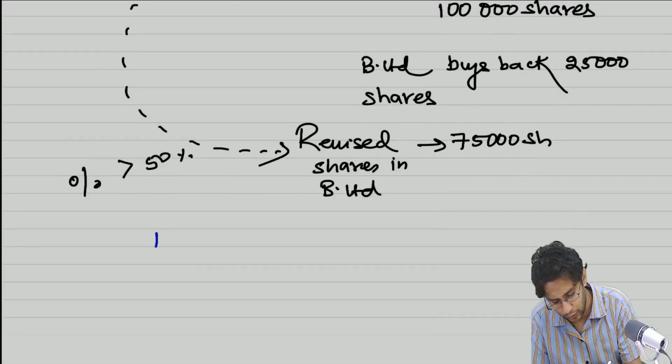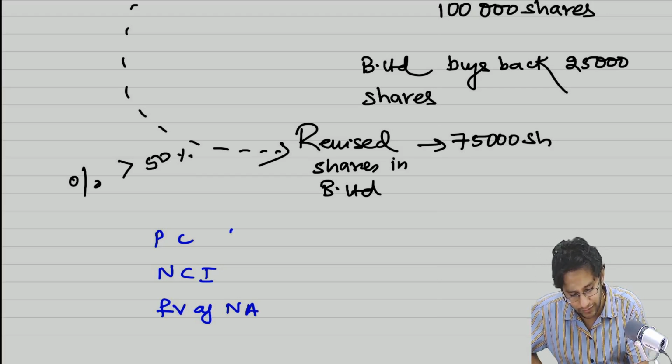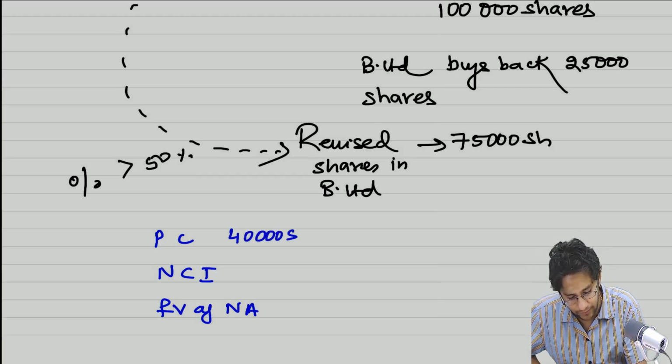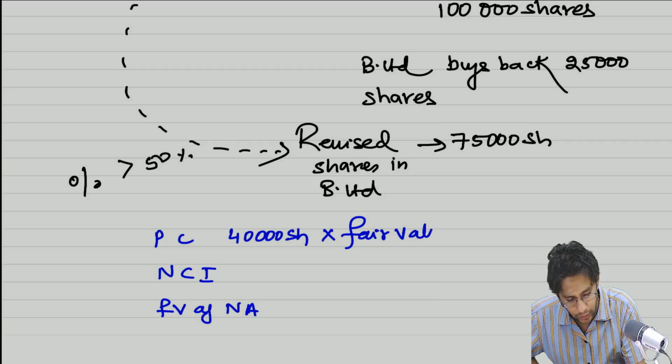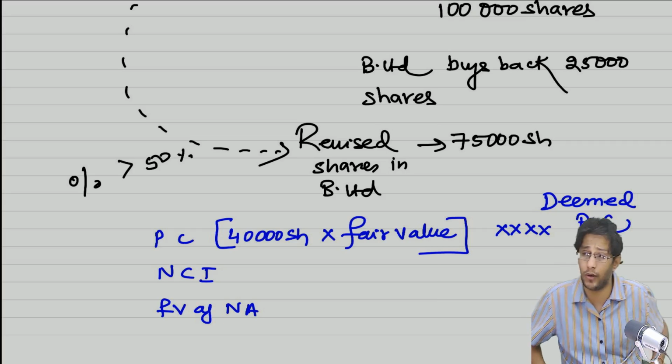So you will have to use this template: PC, NCI, fair value of net assets. So whatever 40,000 shares you are having, the fair value of those 40,000 shares today you take. That will be your deemed PC. You did not pay anything. You need not pay anything. You did not pay anything, but still you acquired control.